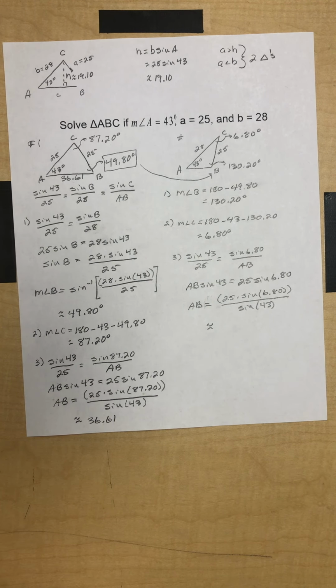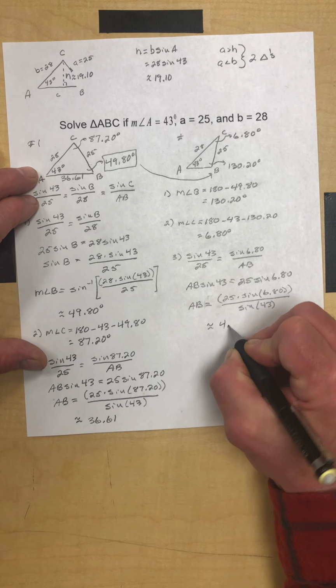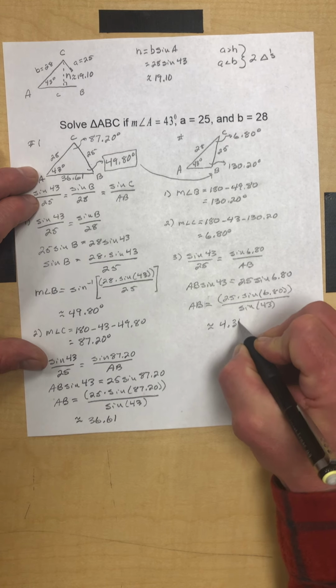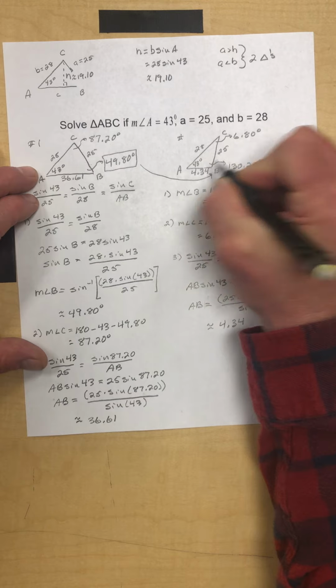So let's see, 25 times the sine of 6.80, double parenthesis, divided by the sine of 43. I'm coming up with 4.34. So this guy right here, 4.34.